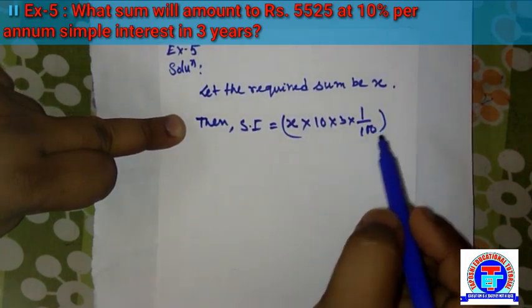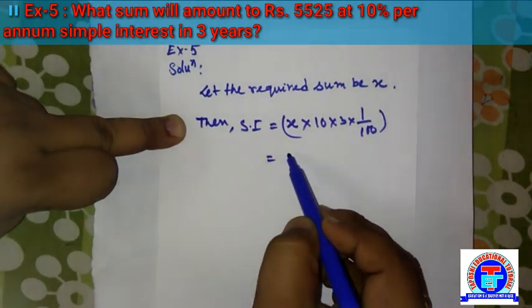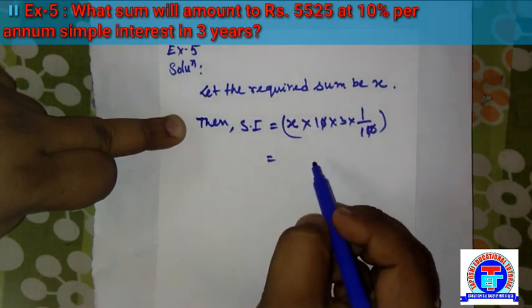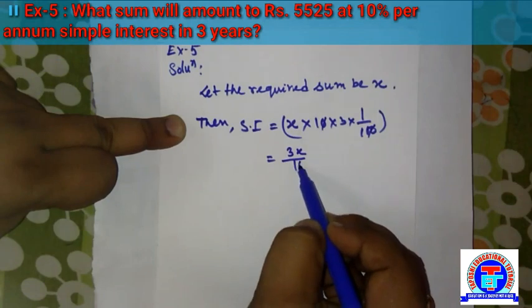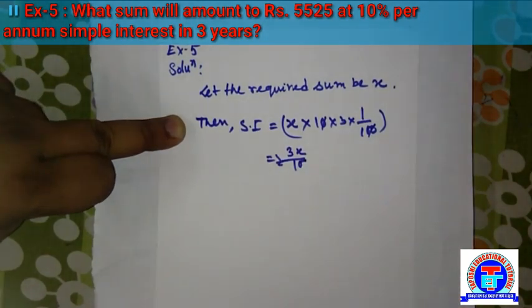That means here this 0 cancels, and this comes to 3x by 10 rupees, correct?